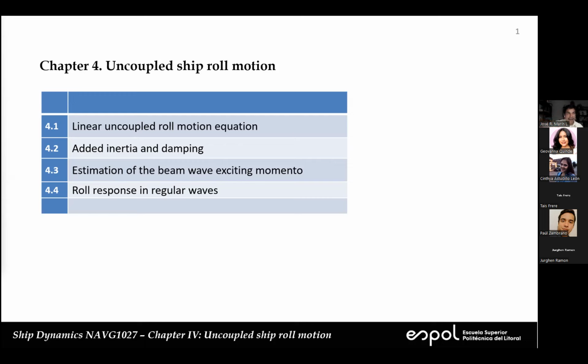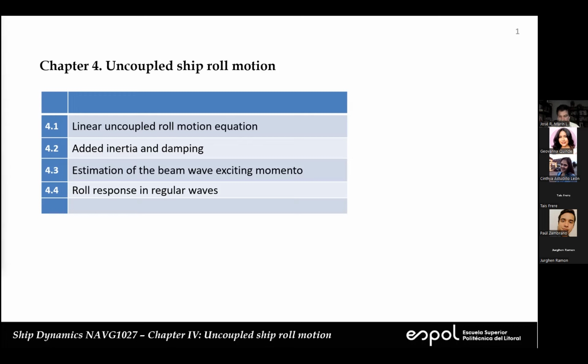And not only that, but it pushes you in the y direction. So you have some sway and you rotate a little bit because the effect on the forward and aft end is not the same. But it's quite typical to study this problem independently, okay?